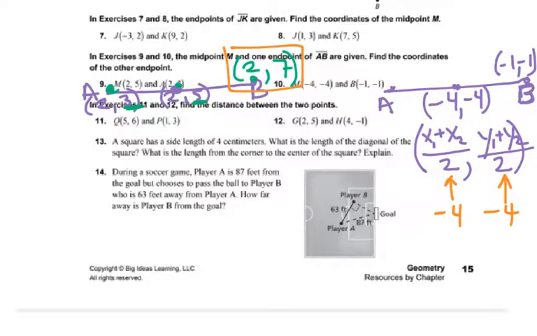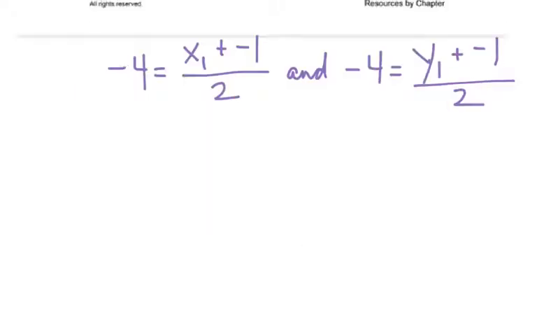You also know that x sub 2 is -1 from here, and y sub 2 is -1 from here. So you can actually do this on your scratch paper and write a little formula. Again, this is scratch paper here.